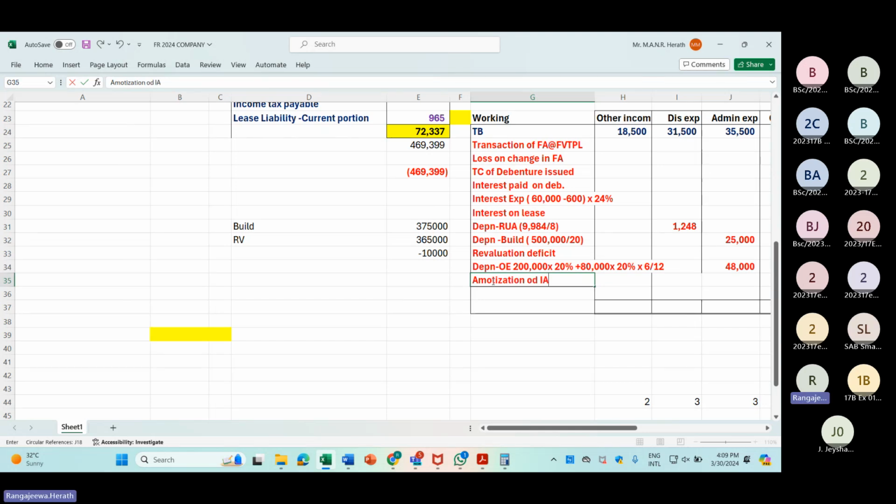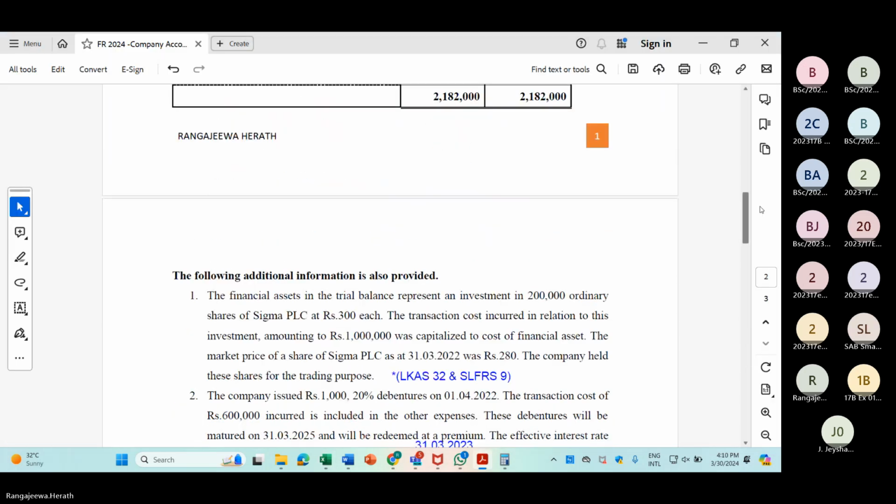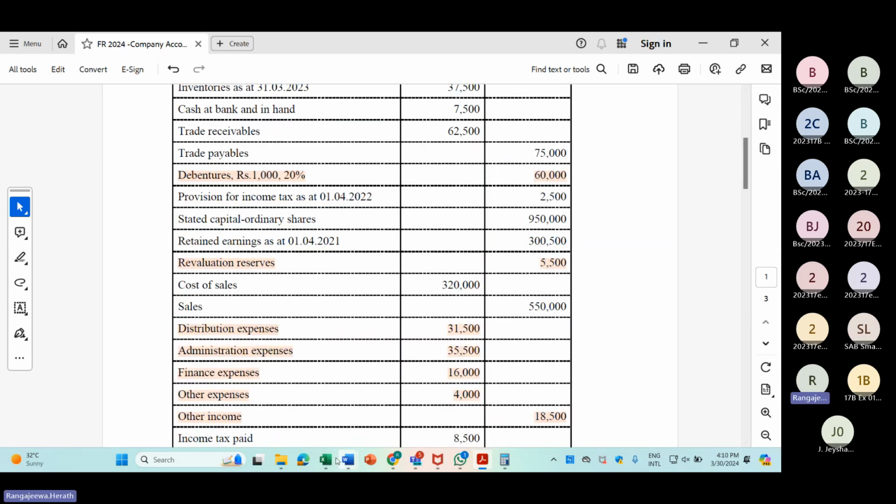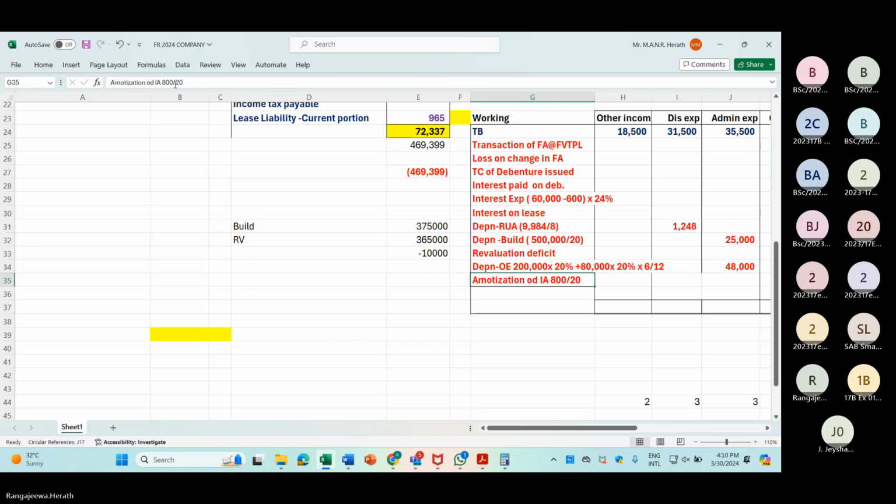Amortization of intangible asset: 800,000 divided by 20, which is $40,000.